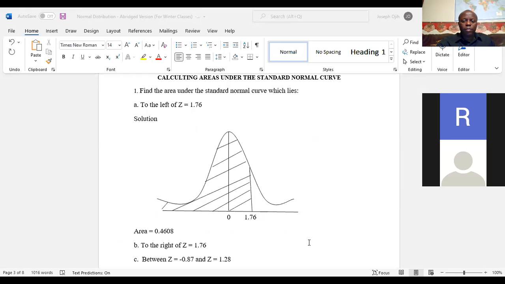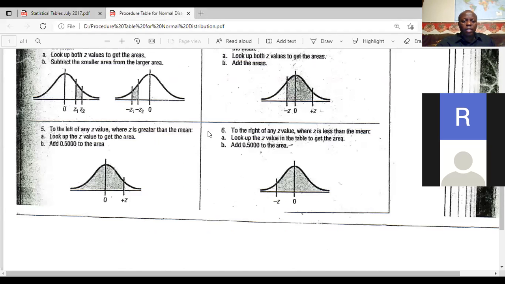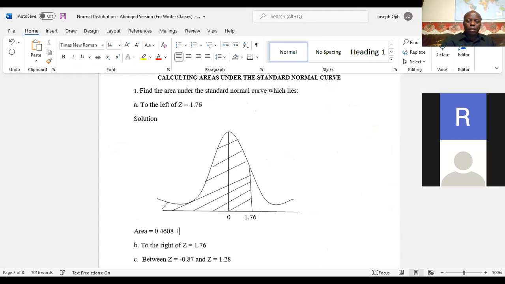It says add 0.5 to it. Look at the Z value to get the area, then add 0.5 to the area. You can see it right here. So we're going to add 0.5 to that. 0.4608 plus 0.5000.